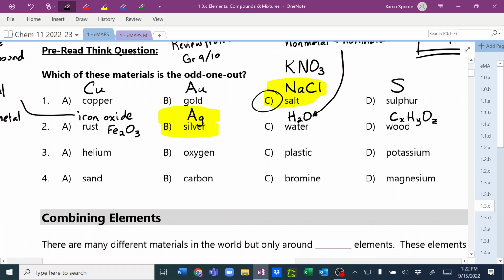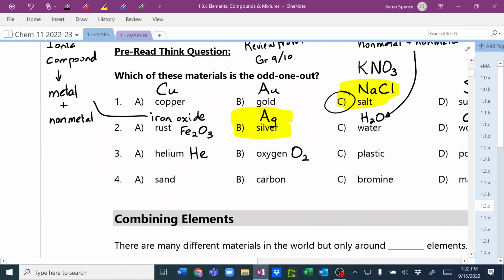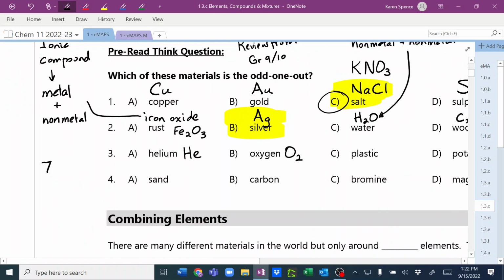Helium, He. Oxygen, do you guys know the formula for oxygen? It's O2. Do you remember the 7 diatomic elements?